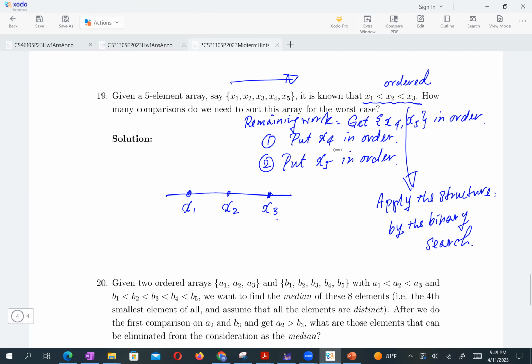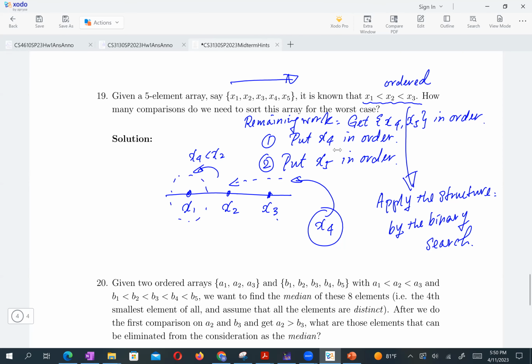Now the first step, you want to put x4 in place. By the binary search, you should compare with x2 first, right? Then there are 2 possible cases. If x4 is less than x2, then you should look at this side.